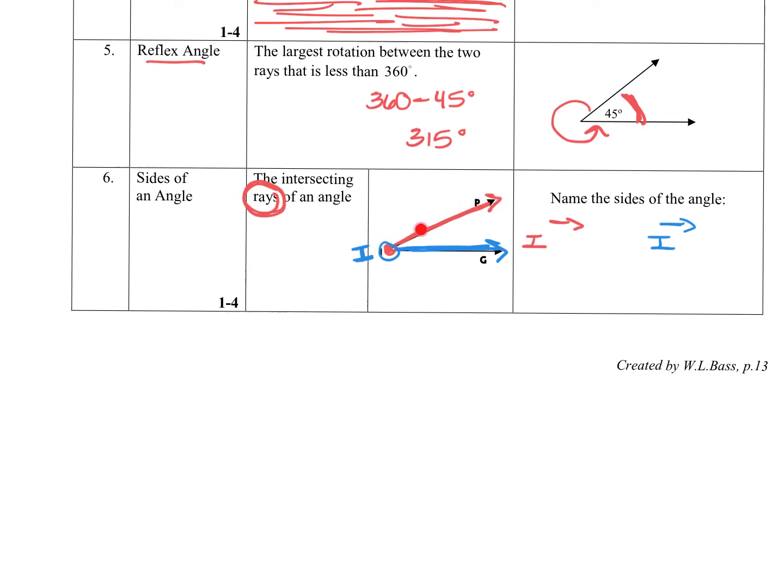So I could say IP for one of my rays, one of the sides, and the other ray would be IG. There has to be two rays for each angle.